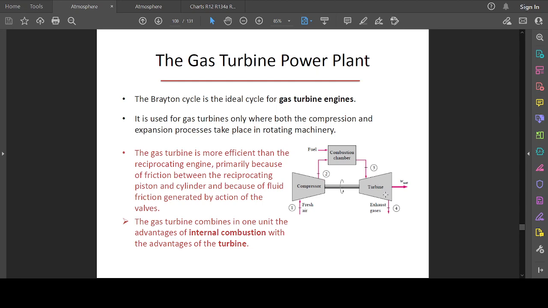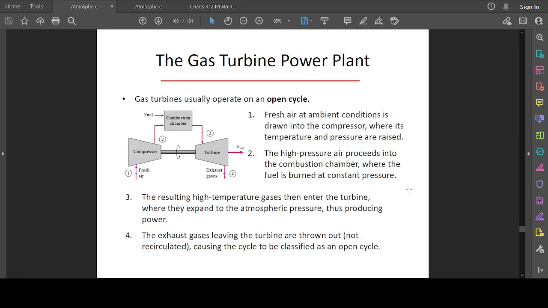Okay, so the combustion engine will always have a combustion here and expansion to return back to the process. But in this case, the gas turbine engine will combine this combustion chamber, which is reminiscent of an internal combustion engine, and the exhaust from the combustion chamber is used to move the turbine. Okay, and that is how it takes advantage of the two processes.